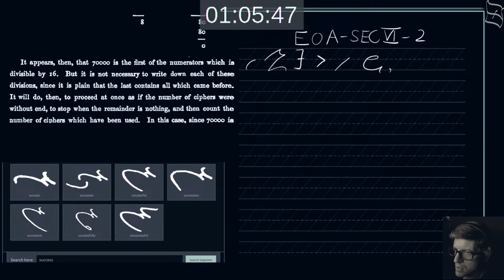It appears then that 70,000 is the first of the numerators which is divisible by 16.